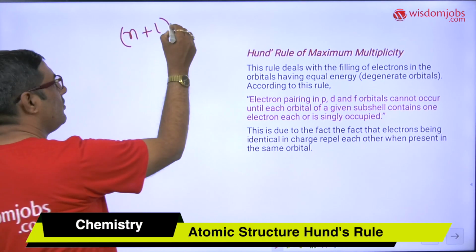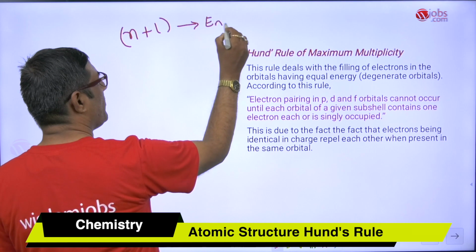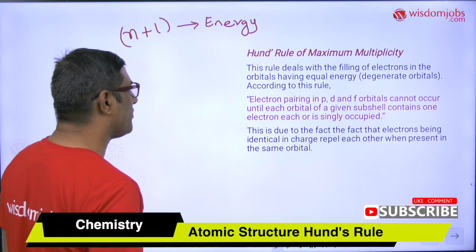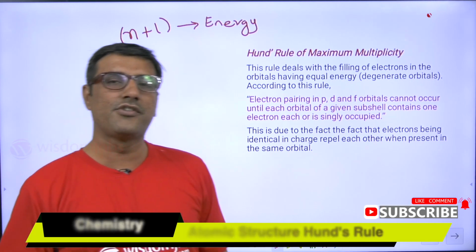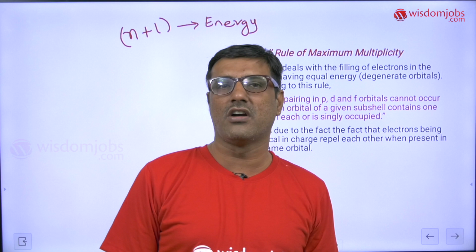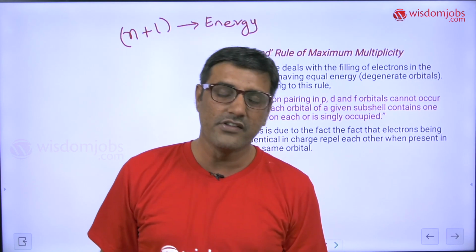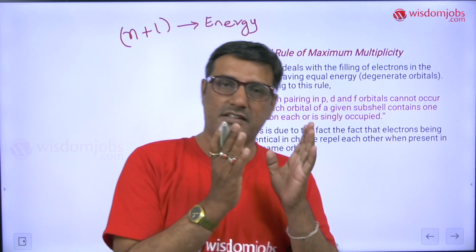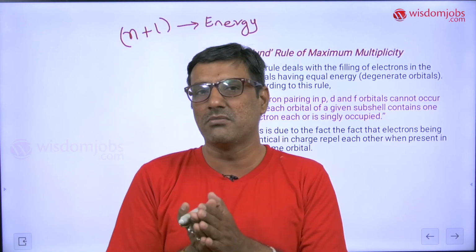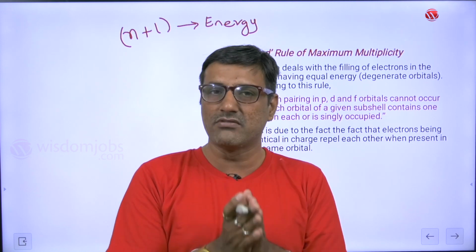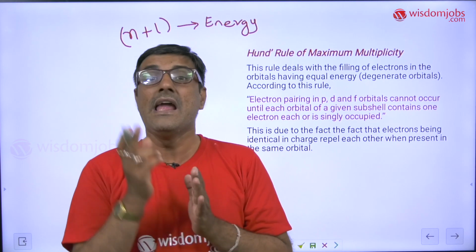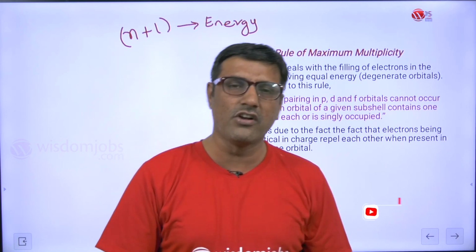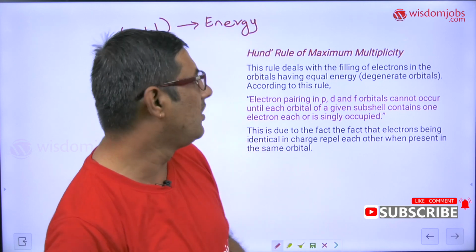The N plus L rule talks about the energy of a particular shell and subshell, and Pauli's exclusion principle says that no two electrons have got the same set of quantum numbers. If they have the same principal quantum number, azimuthal quantum number and magnetic quantum number, they are going to differ at least in the spin quantum number. That's Pauli's exclusion principle.